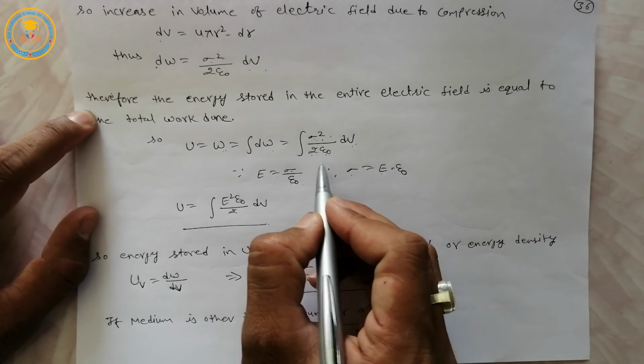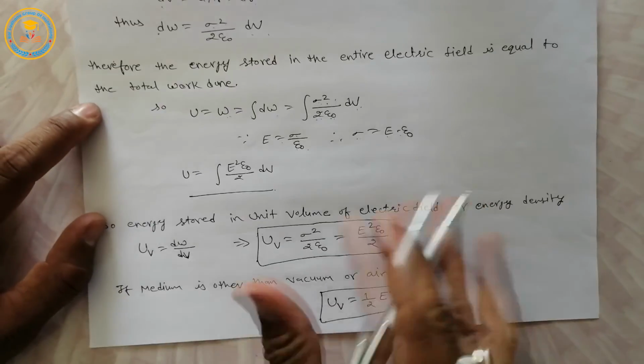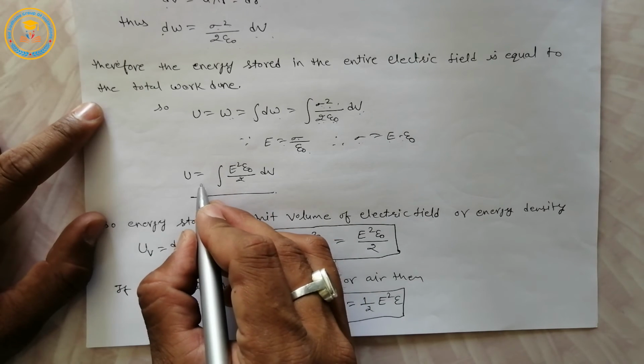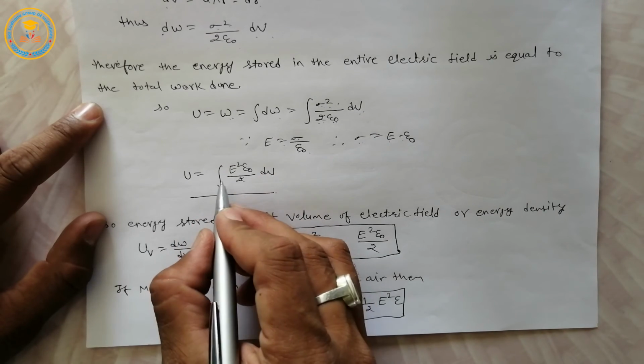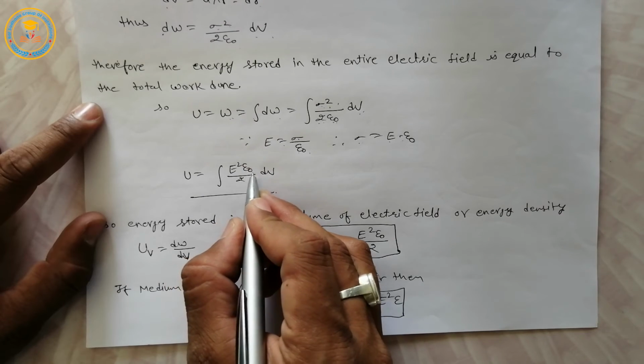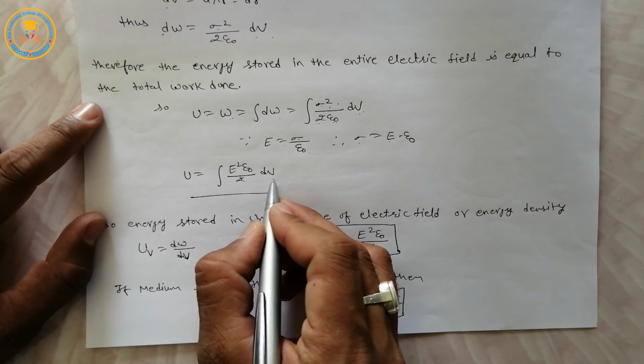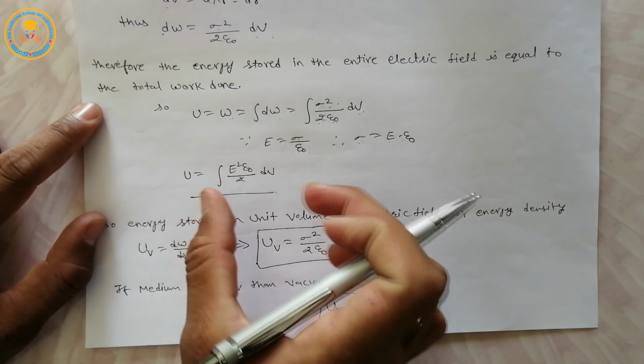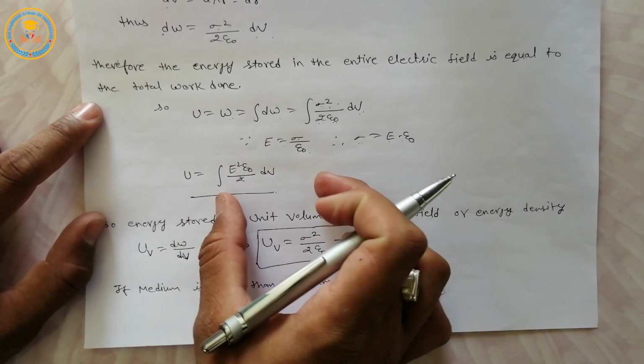One epsilon naught cancels with one epsilon naught, then we get the total electric energy U is equal to the integration of E square epsilon naught upon 2 dV. This is the total energy in total volume V.